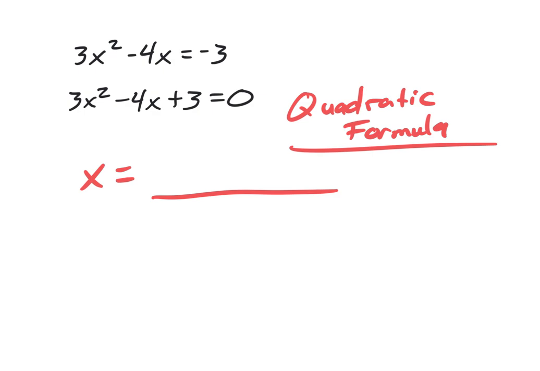X equals negative b, opposite of b, plus or minus. There you go. You have it, huh? There it is.